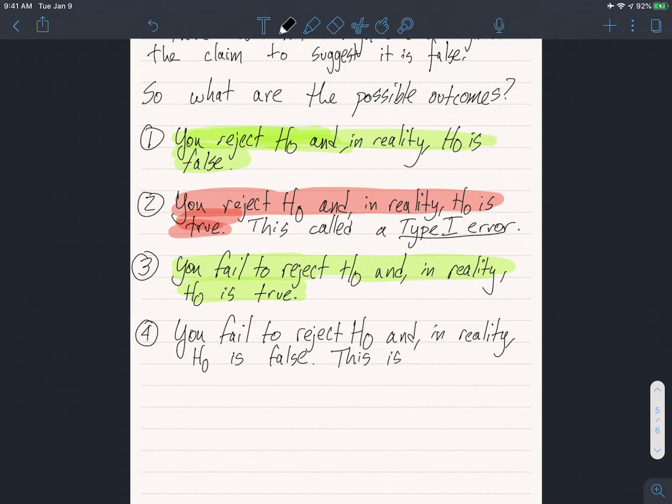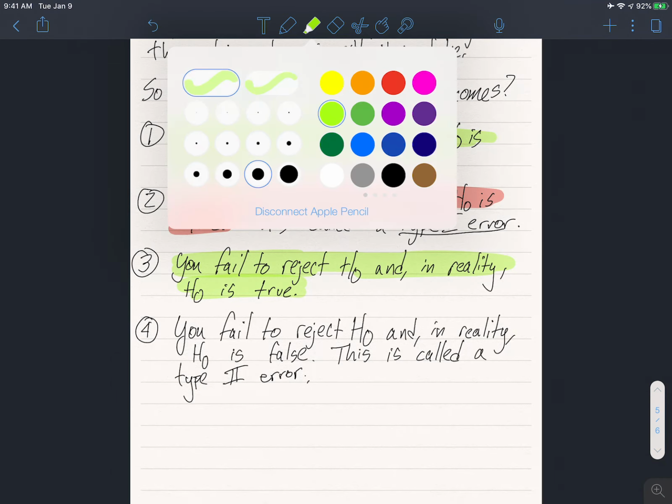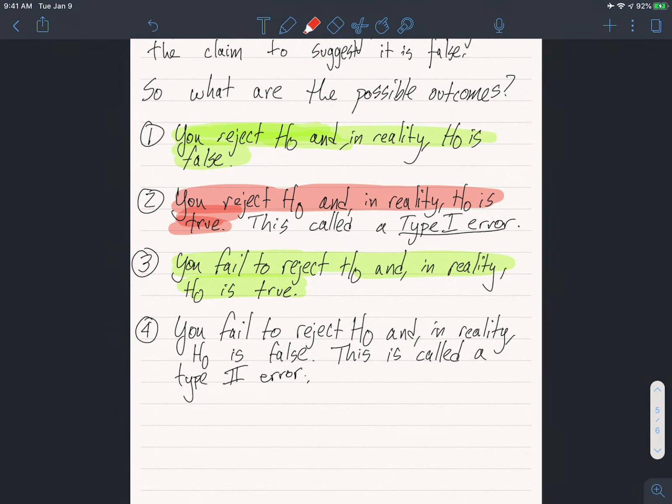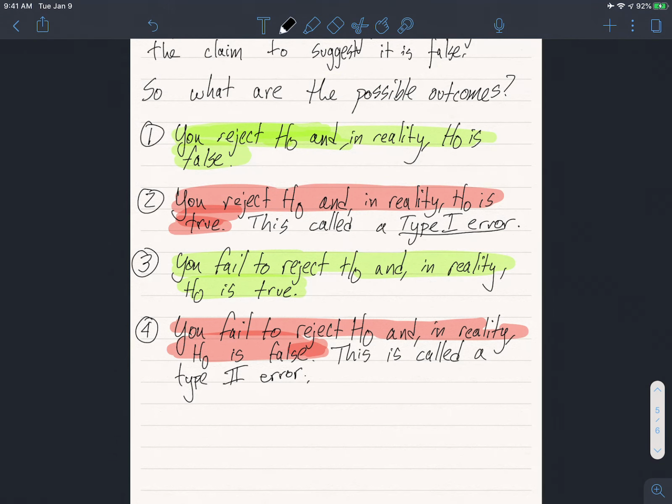This is called a type 2 error. So this would be the last possible thing that could happen. You end up not rejecting my claim, but it was false to begin with. That's not good either. So I claim it's 42% of people get a B in my class.